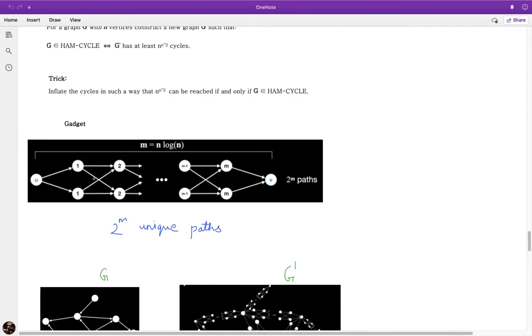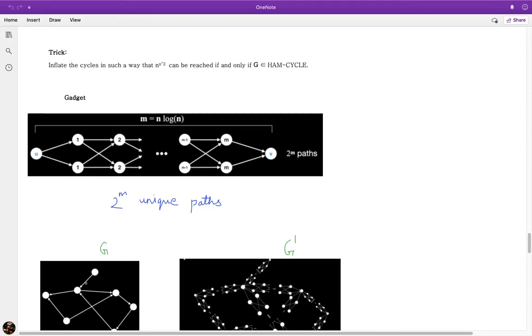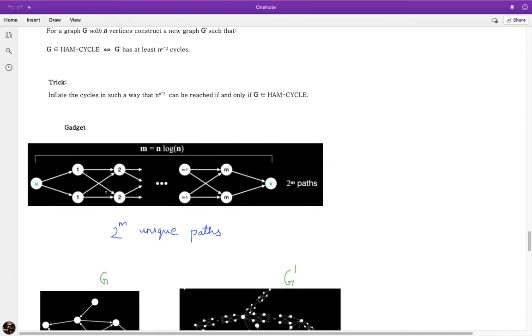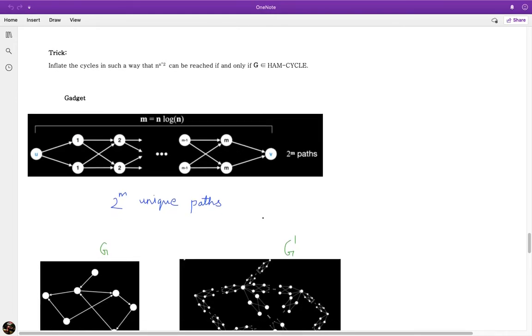We use this kind of gadget to inflate the cycles from G. Every path from the graph G will have a corresponding gadget in the graph G dash. As we can see, in a given gadget, the number of paths from U to V becomes 2 power m unique paths. So each gadget has 2 power m unique paths.